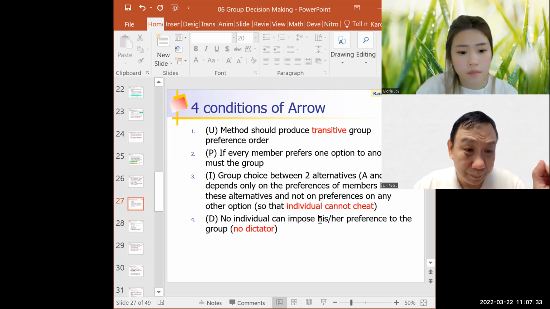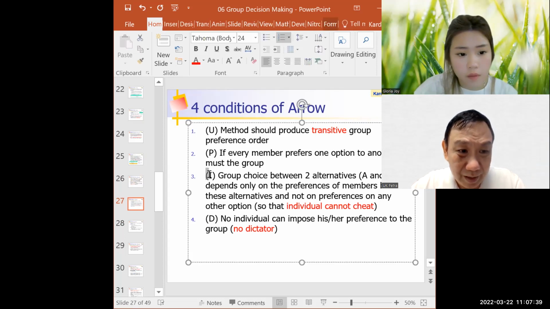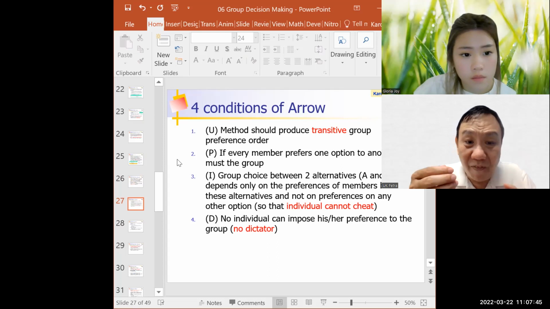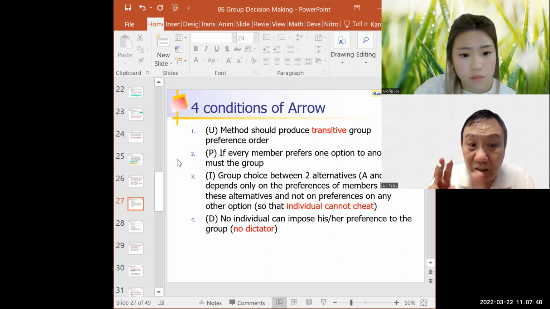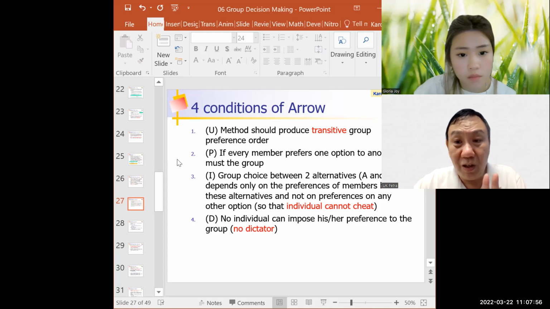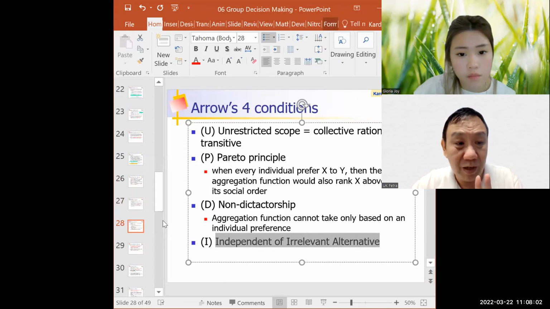The third condition is I. The group choice between 2 alternatives, say A and B, depends only on the members' preferences between these 2 alternatives and not on preferences for any other options, so that the individual cannot cheat. We call this independence of irrelevant alternatives.